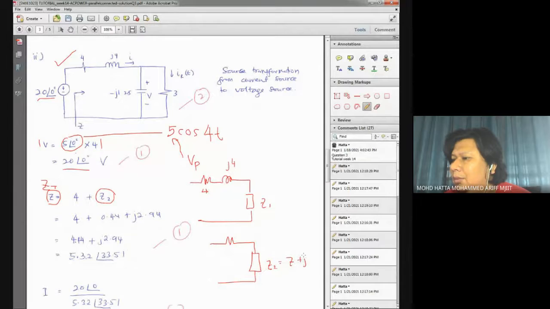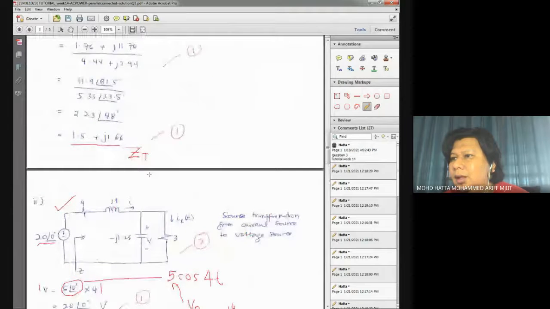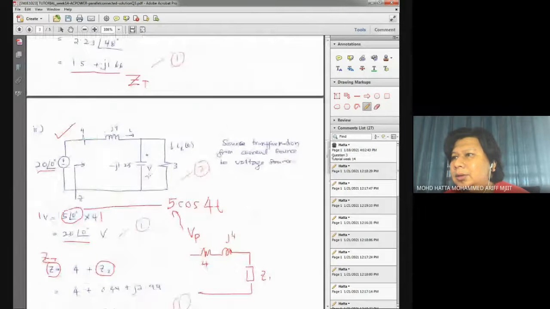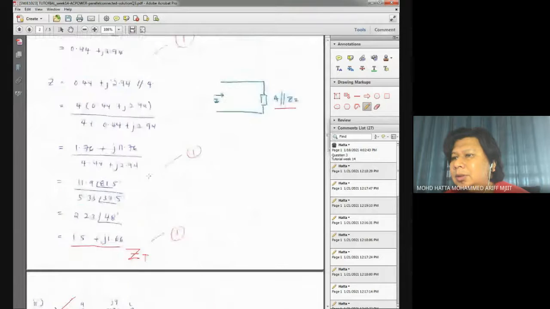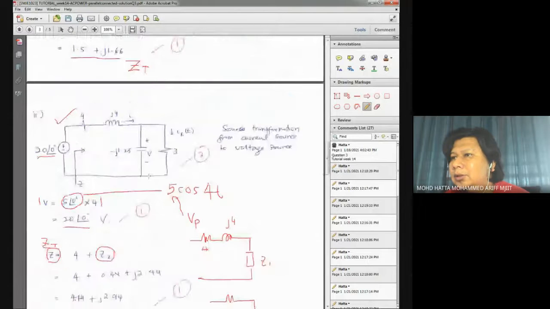J4. But if you have your own idea on how to solve this one, maybe Z over here coming from, let's say, you cannot use this one because we transform. Okay, Z total cannot be used.